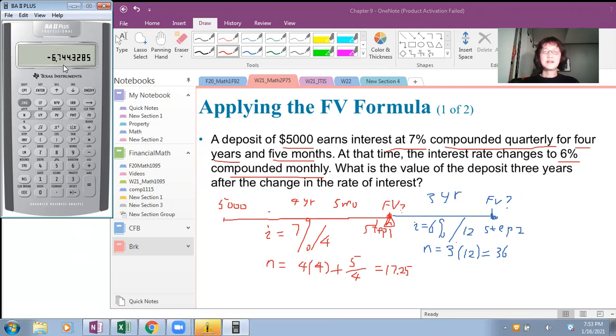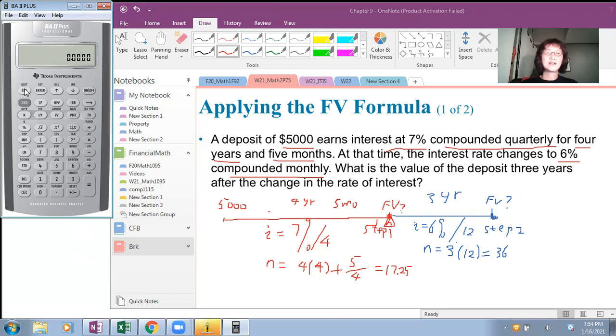So anyway, I finish step 1. Now I do step 2. In step 2, interest is compounded monthly. So PY equal to 12, CY equal to 12. I go to second, PY 12, enter. Then down arrow key, CY 12. Second, quit.